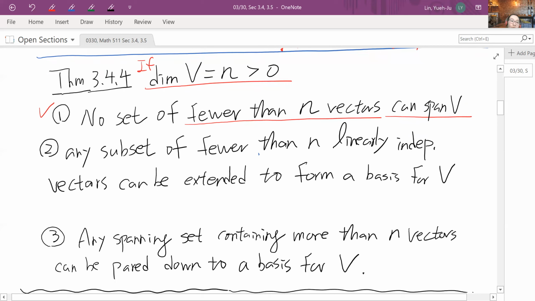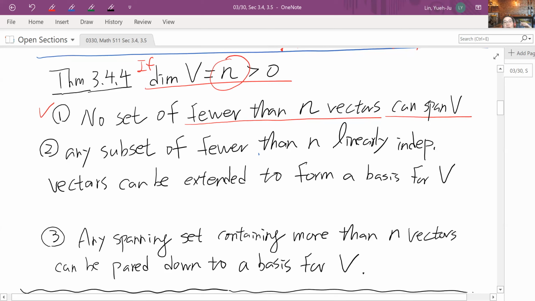Other than this first statement, I think statements 2 and 3 are kind of intuitive. The second statement says that any subset of fewer than n linearly independent vectors can be extended to form a basis for the vector space. So what does that mean? We already know that in order to qualify as a basis for this vector space, we need exactly n vectors, right?